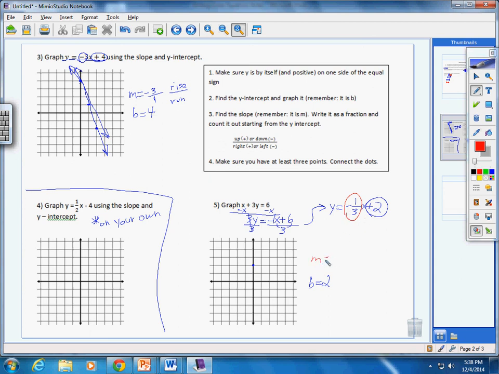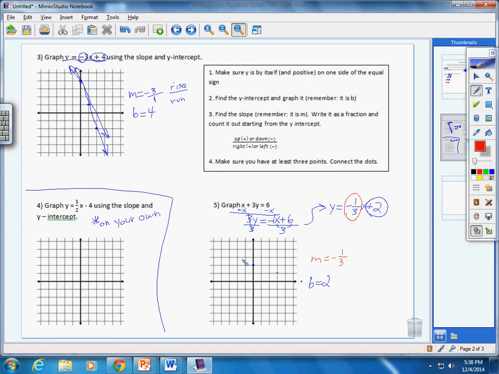So m is negative 1/3, right? So let's use this guy, just like it says here, and start counting from the y-intercept. Sorry, I should have given that negative to the 1 on top. So let's go down 1 and right 3. And then we'll go down 1 again and right 3 more. And there's our 3 points.